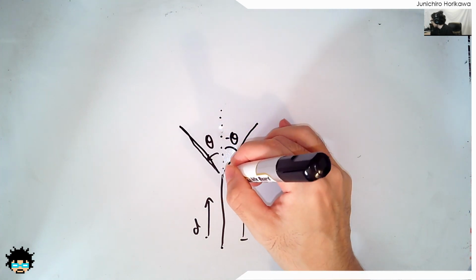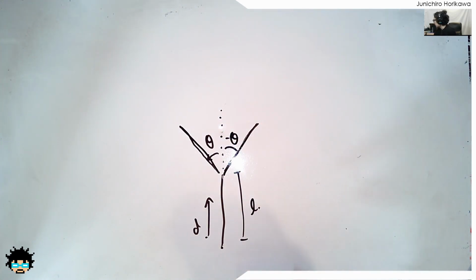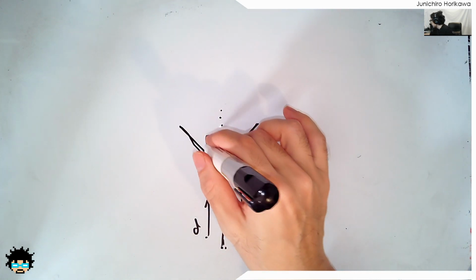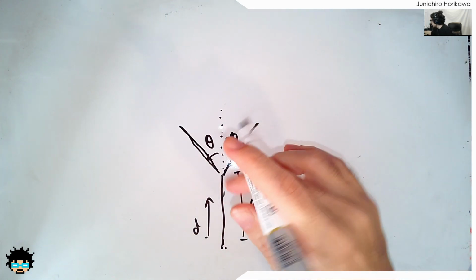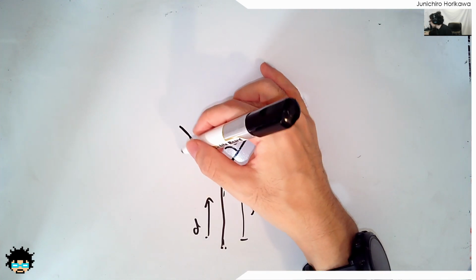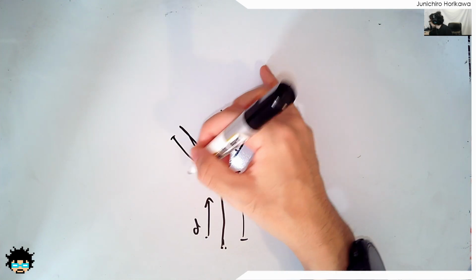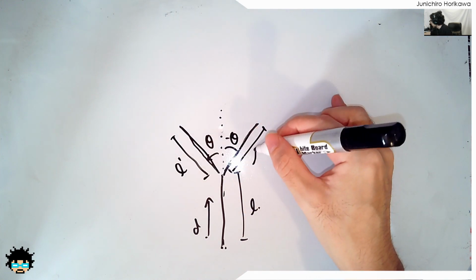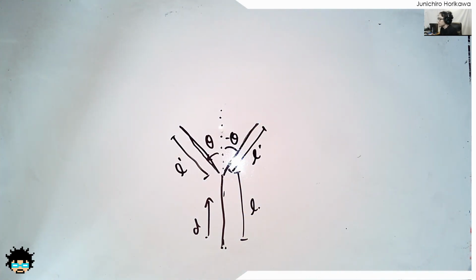So now you have 2 branches out of a single line, having this angle right here. And you might also want to scale this one with the same ratio. You can either make it smaller or bigger.